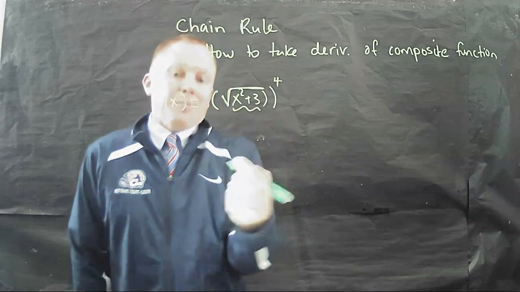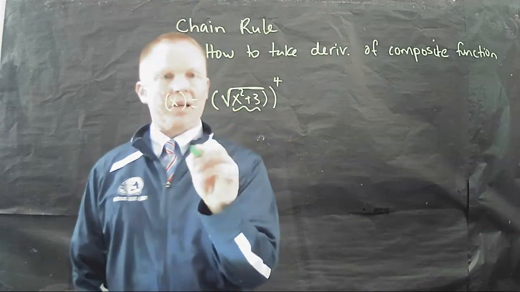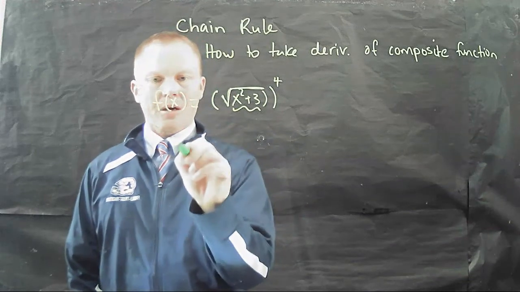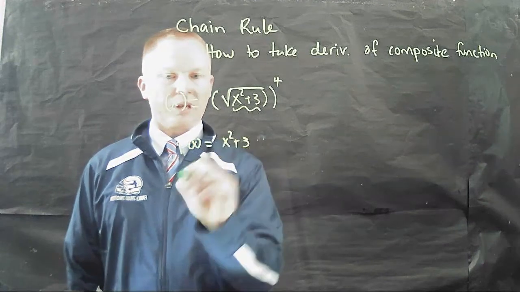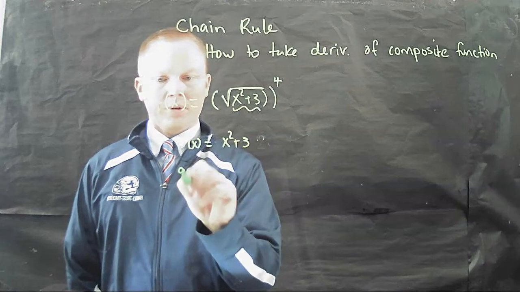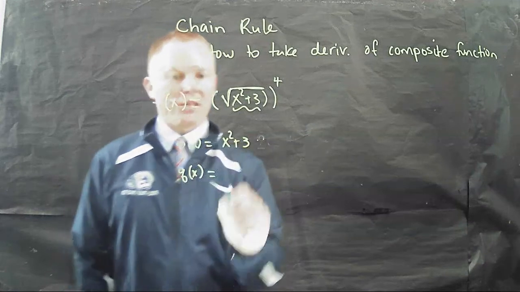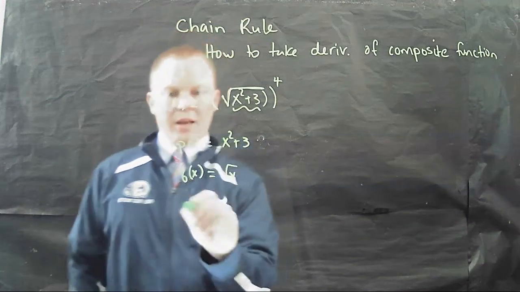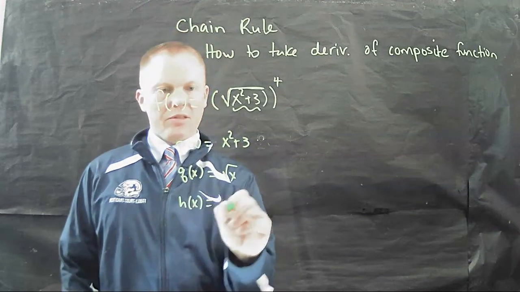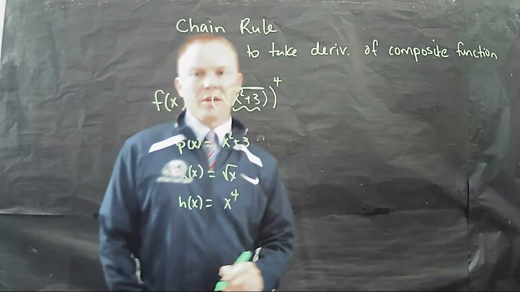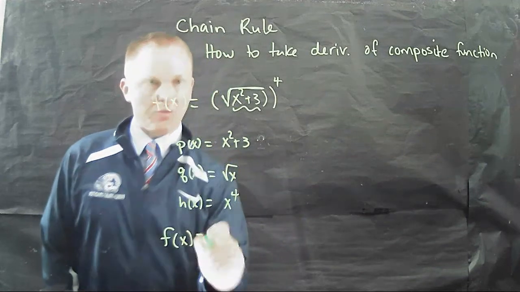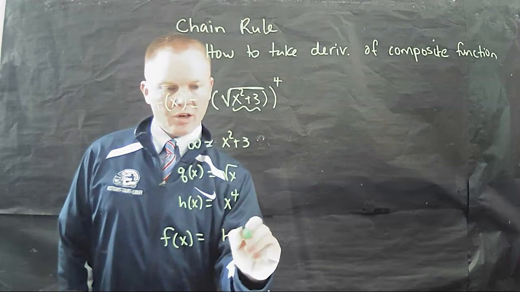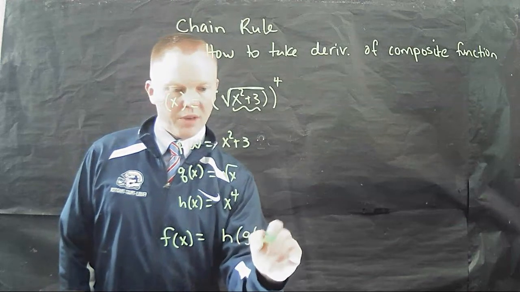So if I were to decompose this function, let's say p of x is x squared plus 3, g of x is the square root of x, and h of x is equal to x to the 4th. And so this function f is equal to h of g of p of x.